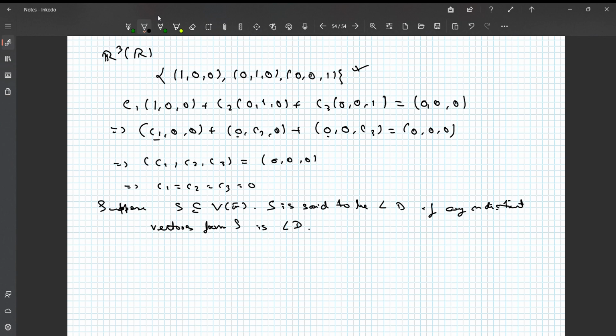So if you choose any n distinct vectors from S and they come out to be linearly dependent, then we say that the set is linearly dependent. Otherwise it's linearly independent. That is the definition we choose for an arbitrary subset. Arbitrary subset in the sense we do not know whether the set is finite or infinite.